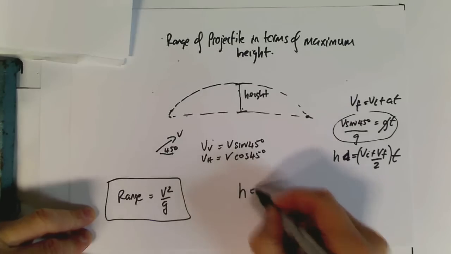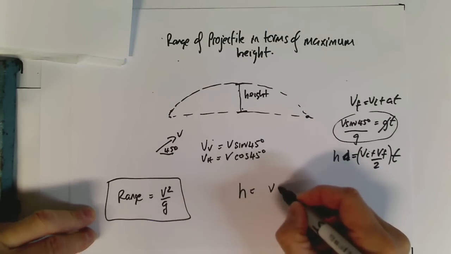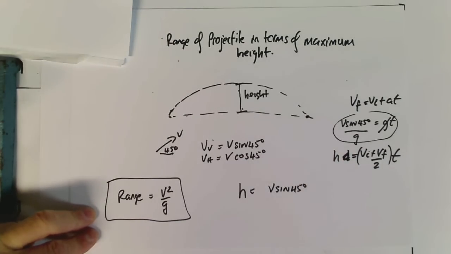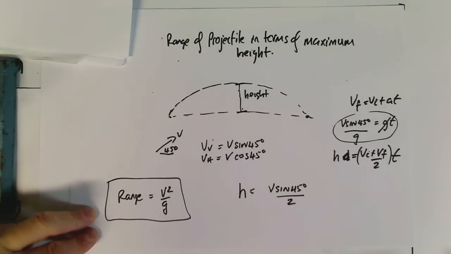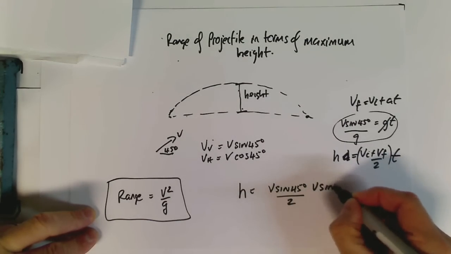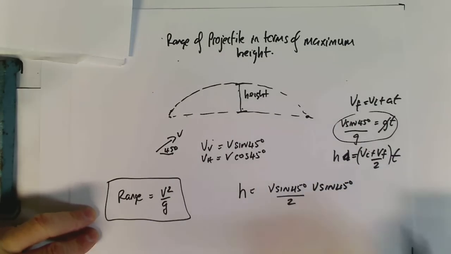So the height's going to be equal to Vi, which was V sine 45 degrees, and it's going to be multiplied by, because we've got the Vf again is going to be 0, it's going to be divided by 2 and multiplied by T, which we already said was V sine 45 degrees all over G.